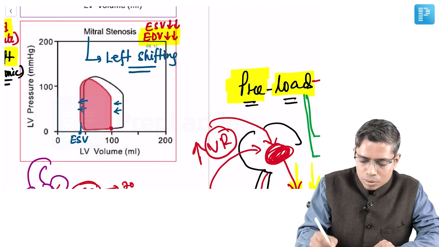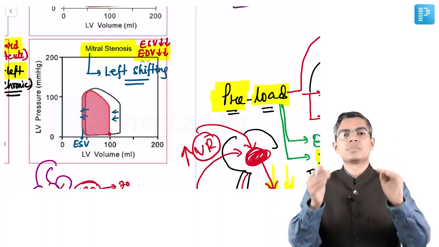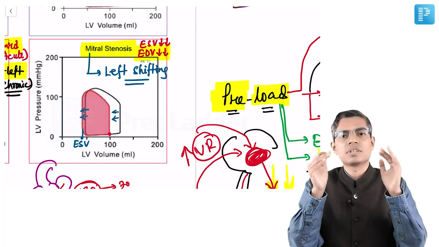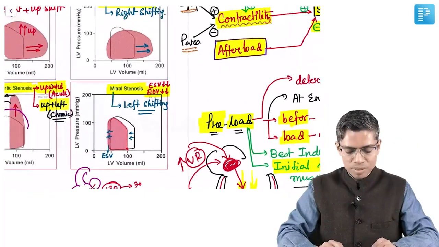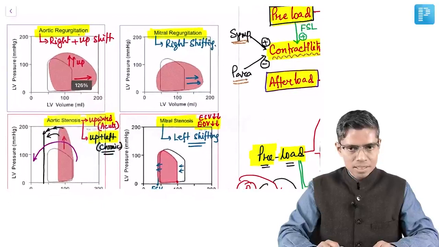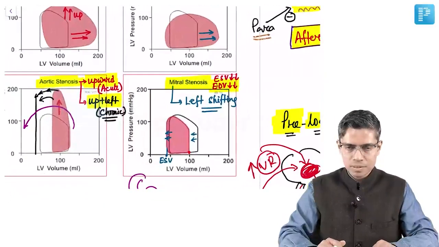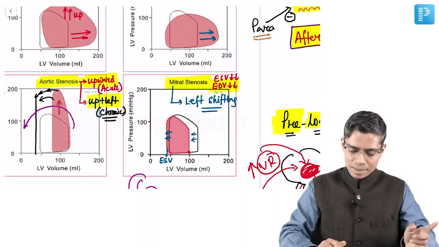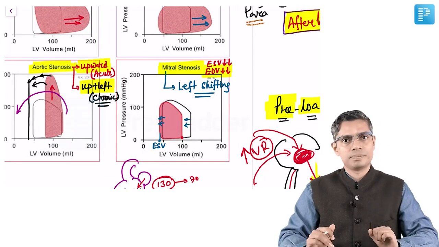Getting my point? Although the contractility is not high, there is still left shifting because of decrease in end diastolic volume. Right? So you have to remember. Aortic regurgitation right and up, mitral regurgitation right, aortic stenosis up or up and left in chronic cases, and mitral stenosis means left shifting.